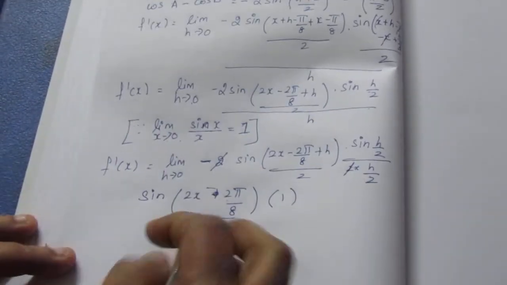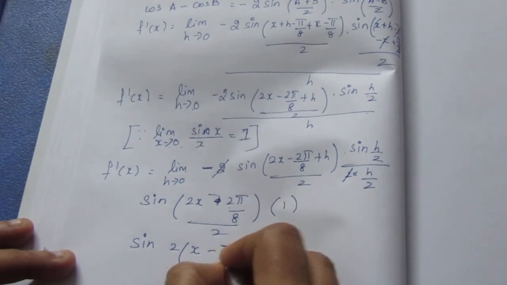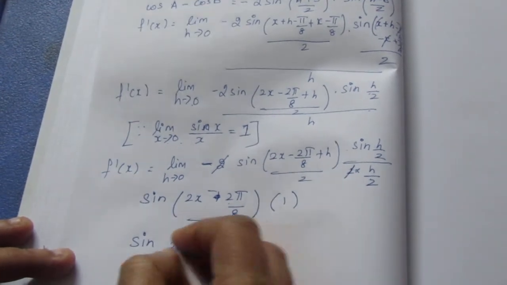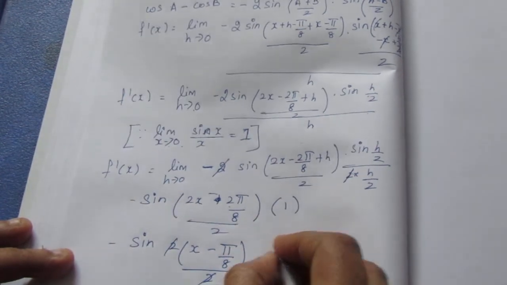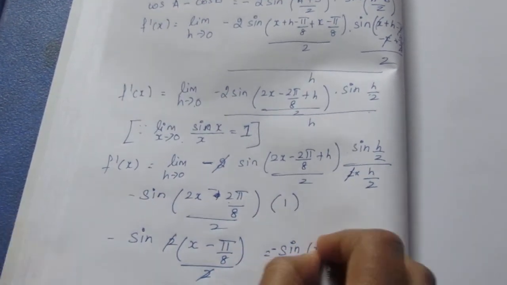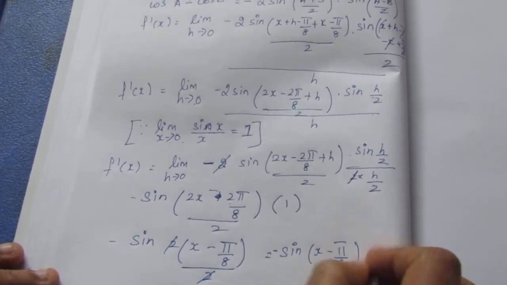Take 2 common outside, it becomes sine of 2 into (x minus pi by 8) by 2. The 2 gets cancelled. Now your final answer is minus sine(x minus pi by 8).